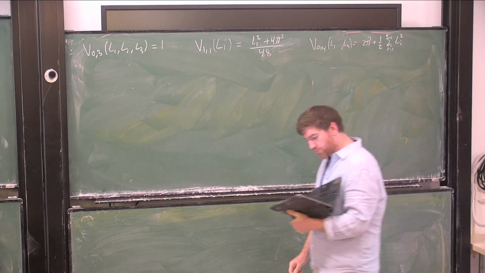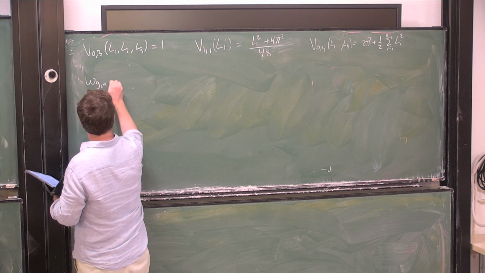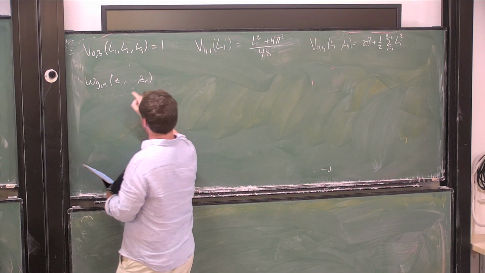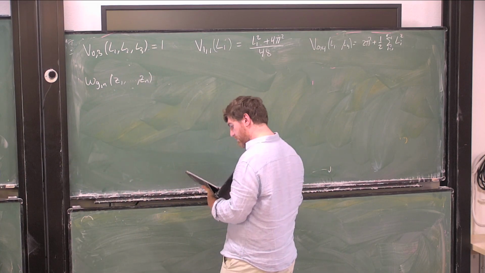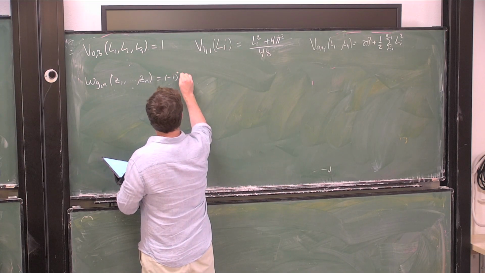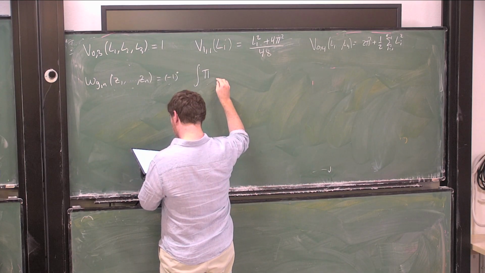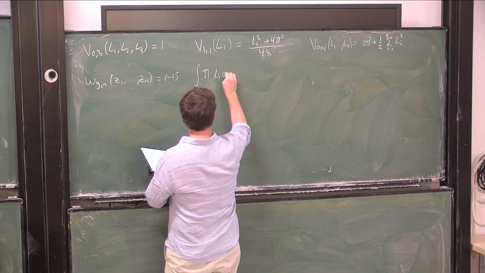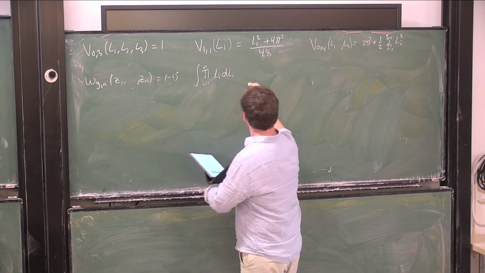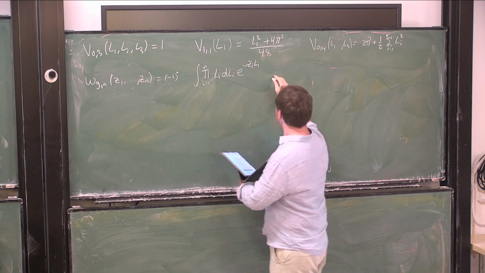So now what we're going to do is define a Laplace transform of these guys. So this z is going to be the Laplace conjugate to this variable L. So this will look like -1 to the L, integral of Li dLi, i from 1 to n, e to the minus zi Li, of these volumes.